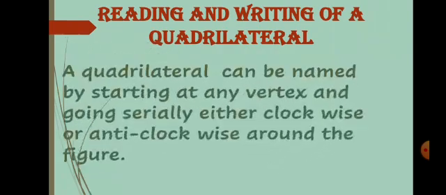Now let's move further. Reading and writing of a quadrilateral. A quadrilateral can be named by starting at any vertex and going serially either clockwise or anti-clockwise around the figure. Now you can name the quadrilateral as you wish, either clockwise or anti-clockwise.